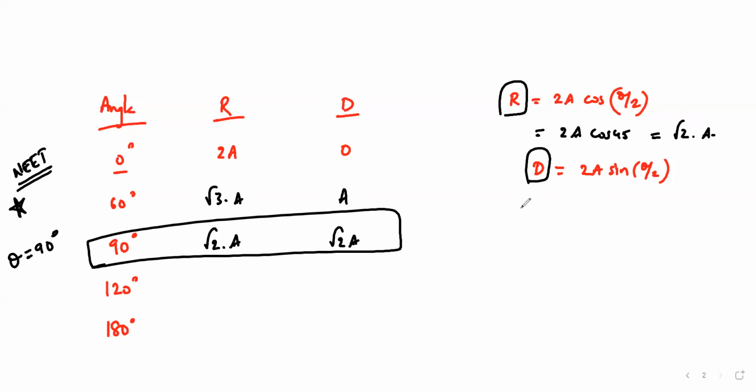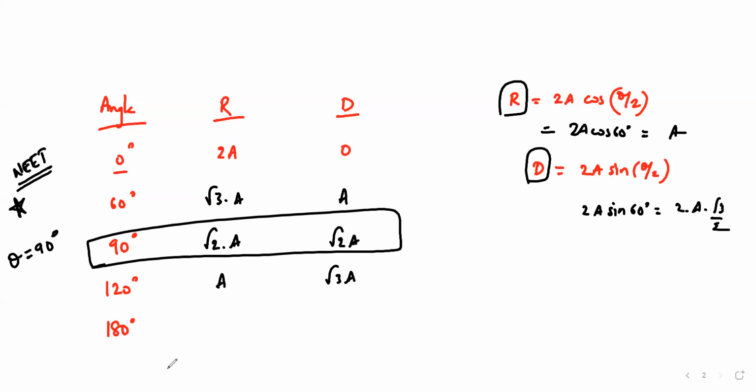Now take the case of 120 degrees. This is 2A cos 60 degrees, that is nothing but A. And this is 2A sin 60 degrees, that is 2A into root 3 by 2, which equals root 3 times A. For 180 degrees, that is 2A cos 90.